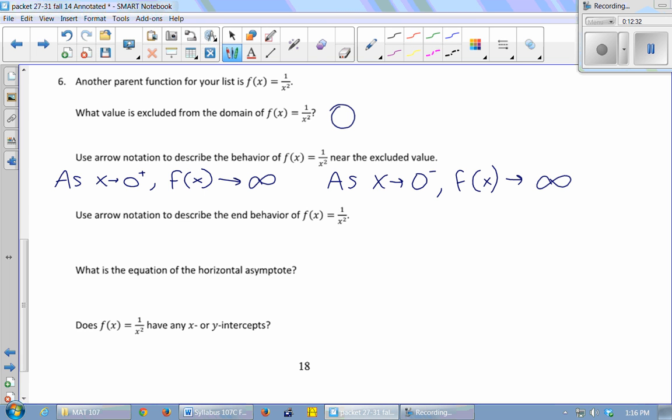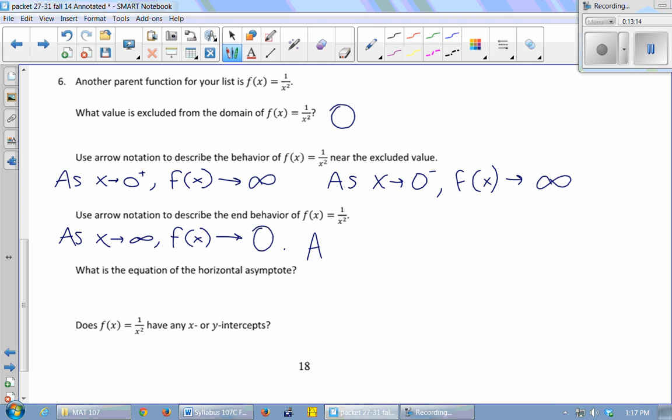So let's think about the end behavior, right? As x approaches infinity, what does f of x do? I'm making my denominator get really, really big. 0. Yeah. If you plugged in a 10 for x, this would be 1 over 100. If you plug in 100 for x, this would be 1 over 10,000. So my y values are getting really, really small as my x values get big.